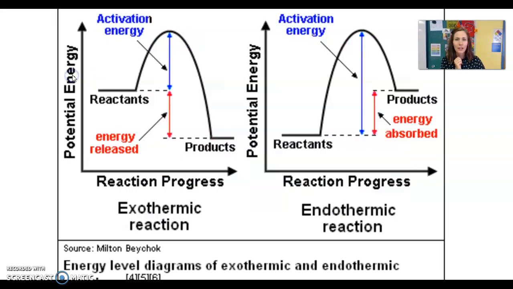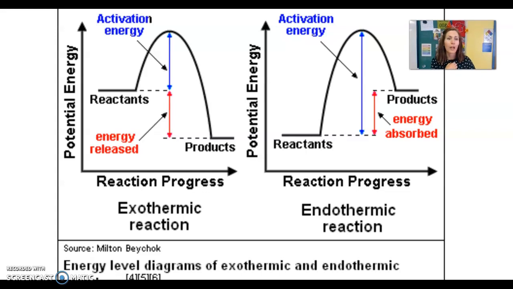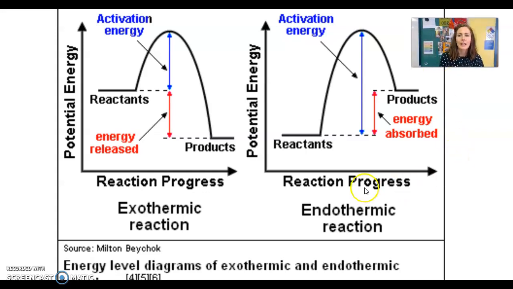And we can represent that in a couple different ways, with the drawings I just showed you, or with these potential energy diagrams. You saw these in your virtual lab, and for an exothermic potential energy diagram, energy again is being released from the system to the surroundings. So our energy is being released to those surroundings.